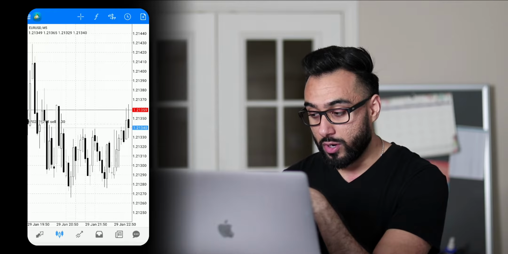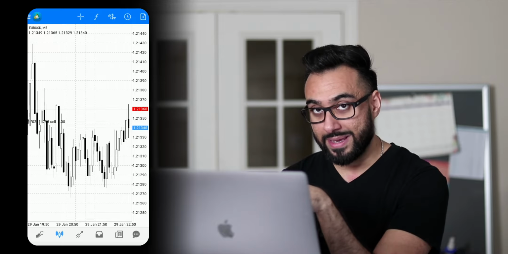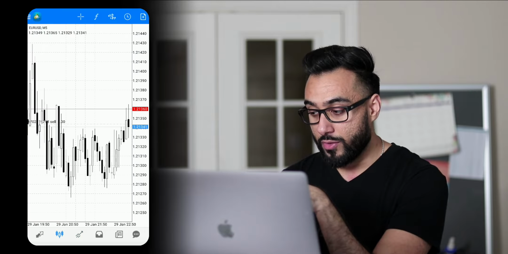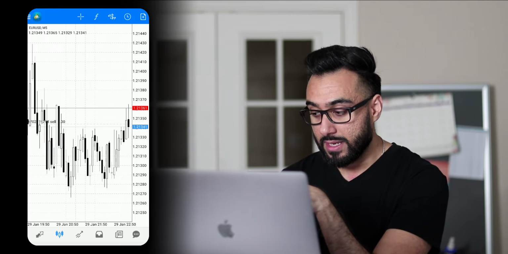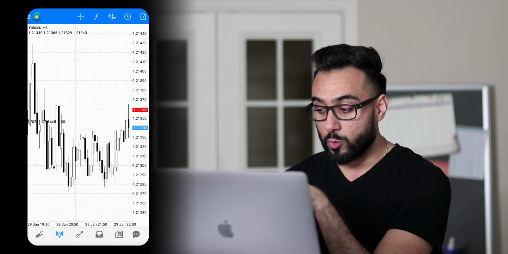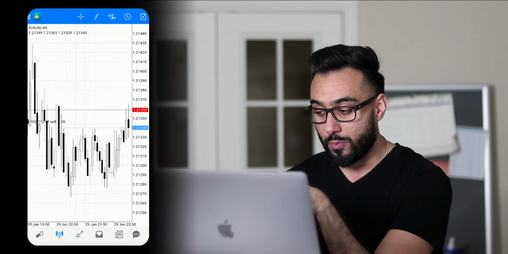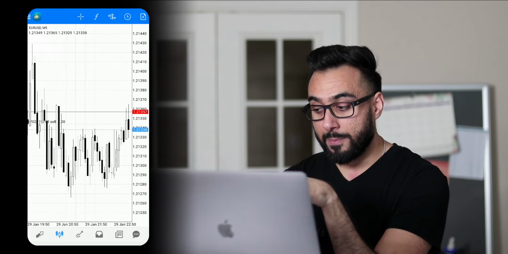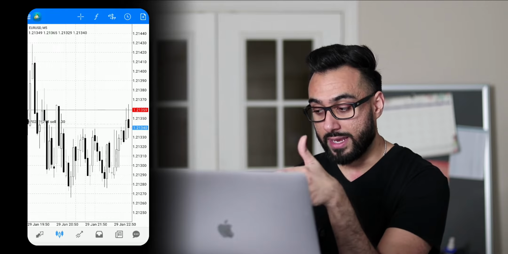You'll notice the farther up the price goes, because I'm in a sell right now, the more negative I'm going to get. The farther down the red line gets, the less negative I'm going to get. And at that point, when that red line goes below my sell point, that's when the trade will finally enter profit.